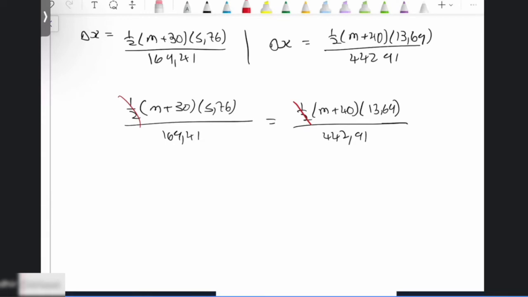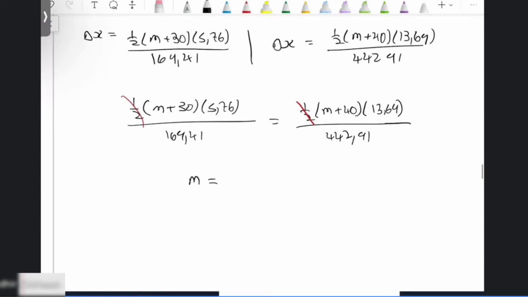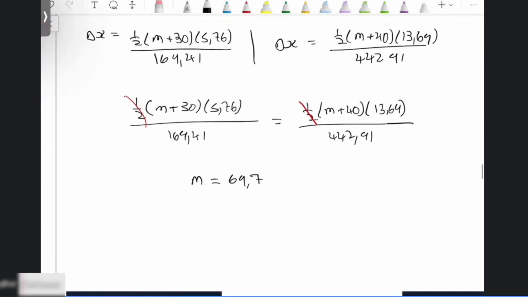Okay, so the mass that I'm getting, calculated, is 69.7 kilograms. If you're getting like 69.8 or 69.6 something, it's fine. It's small rounding off, so it's okay. So 69.7 kilograms is what I'm getting as the mass of Carla.